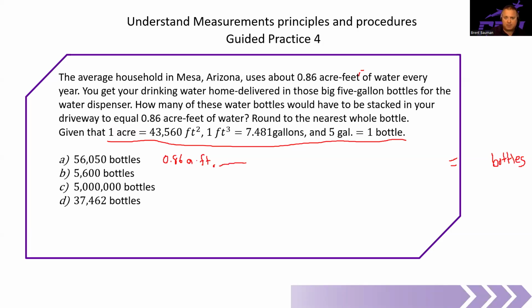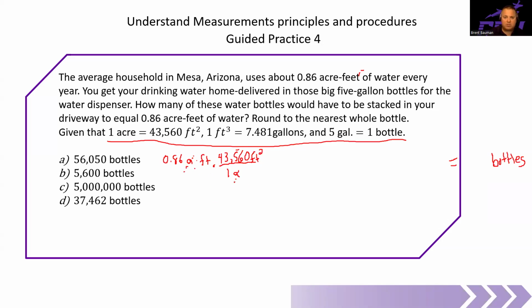So we're going to set up so that our 1 acre cancels. And up top, we have 43,560 feet squared. We could write this ratio either way, but we want to make sure that we set it up so that we get some reducing going on. Hopefully you're seeing that in this step, we're going to get rid of the A's, the acres.